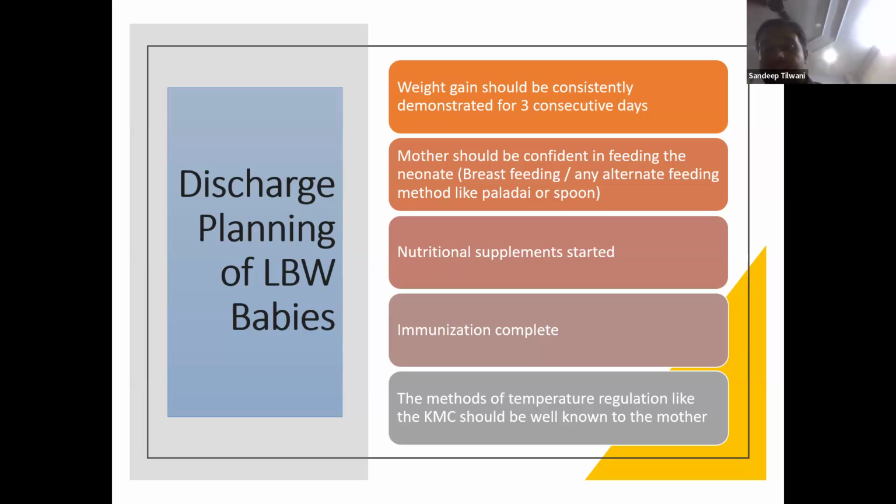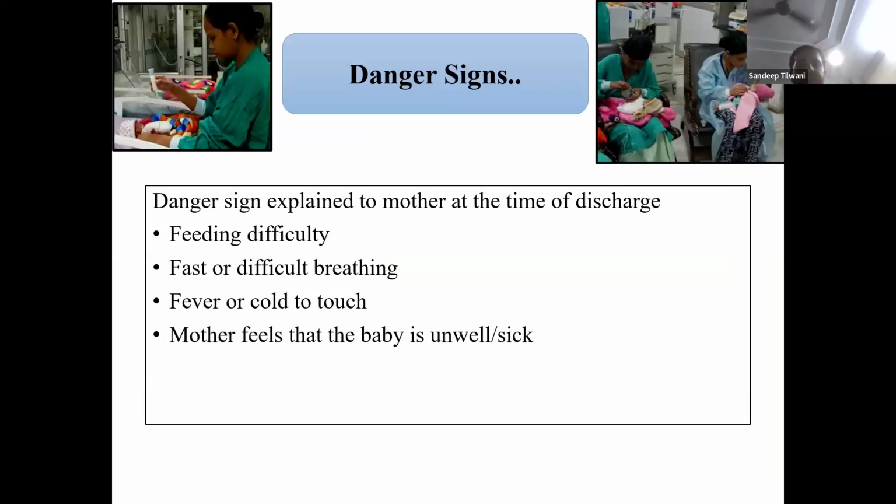Then you have to start the nutritional supplements and explain to the mother how frequently the supplements have to be given and in what dose. The first immunization has to be complete before discharge from the hospital, and the methods of temperature regulation like KMC should be well known to the mother. Once you have ensured all these, then you can plan for discharge of these low birth weight babies.